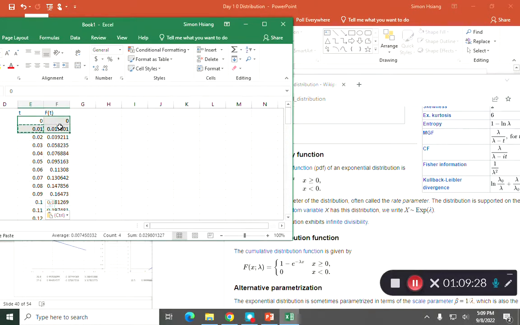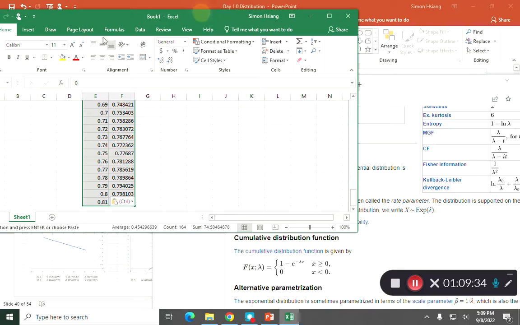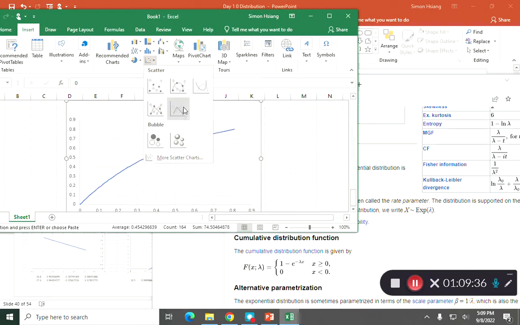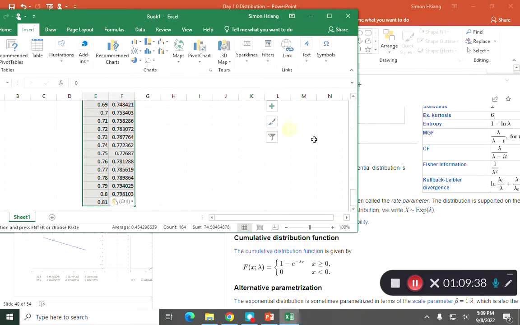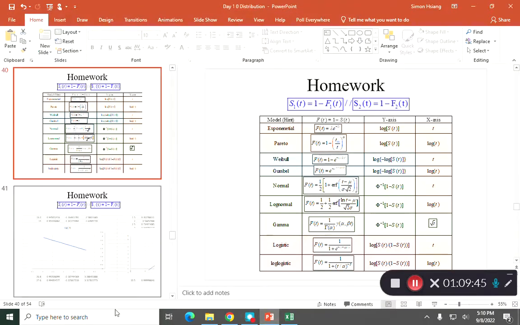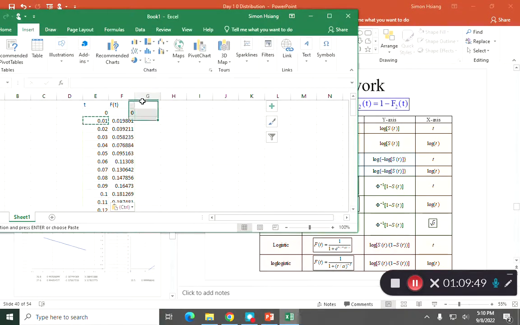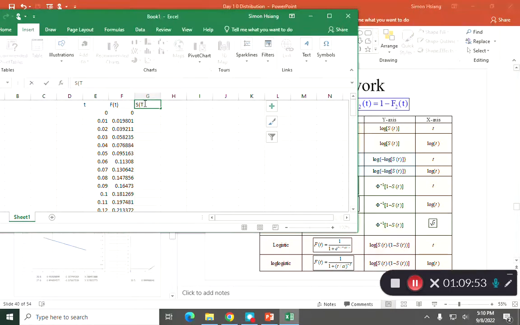So now I generate an FT. Next, if I generate FT, all I need to do is take the log. I will have an ST, and ST equals 1 minus FT.